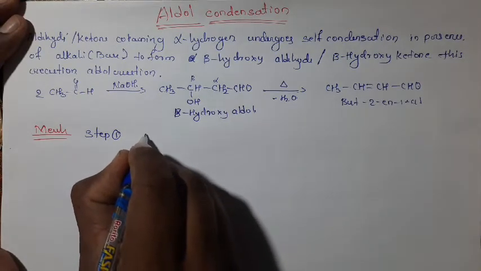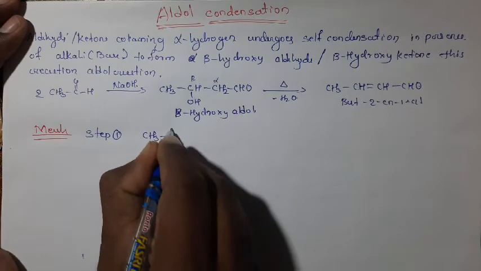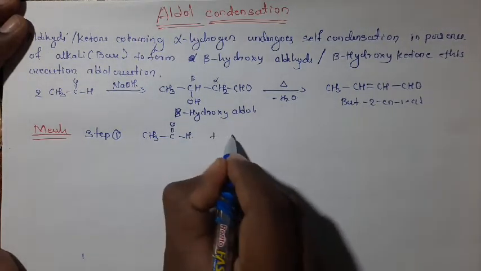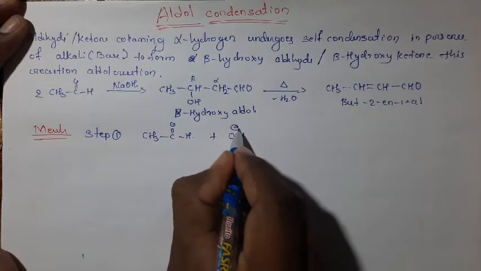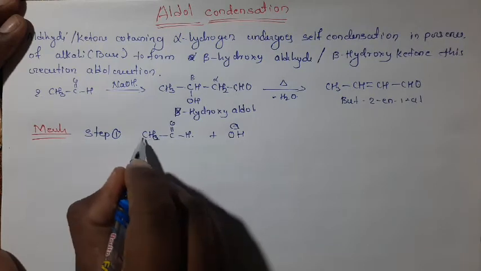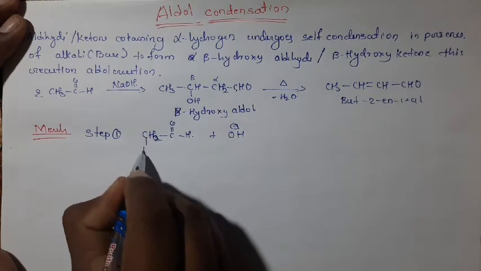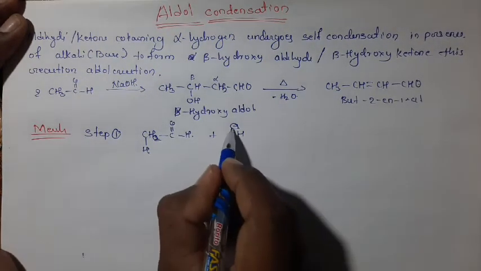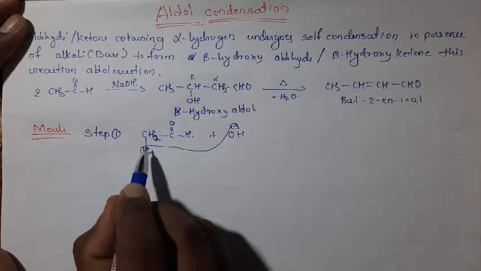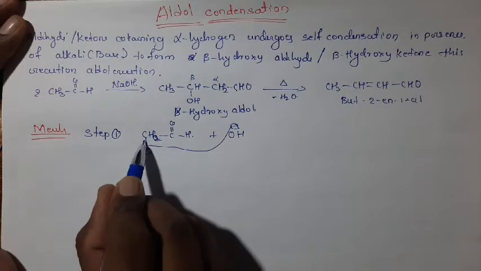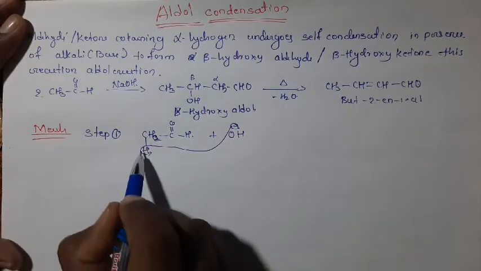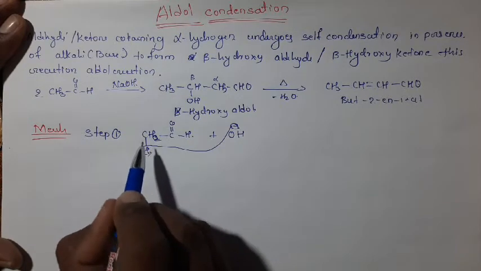Let's see the aldehyde: CH3 C double bond O H. It is reacted with the base. This is our alpha carbon, and the hydrogens attached here are called alpha hydrogens. The base abstracts this proton, which is acidic in nature because the alpha hydrogens are the more acidic. Hence the base abstracts the proton from the alpha position.